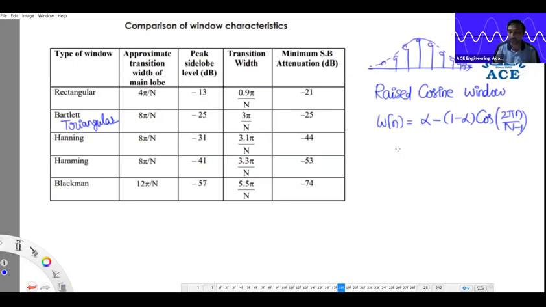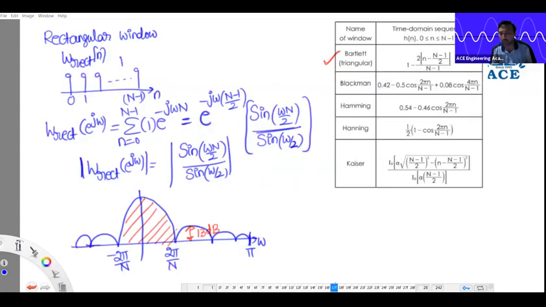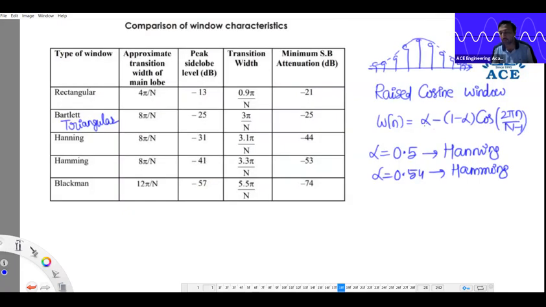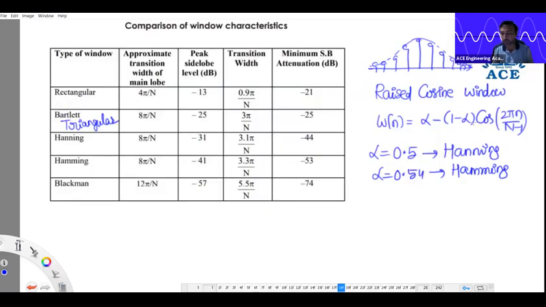In the case of Hanning, alpha is 0.5, sir. But for Hamming, alpha is 0.54. One formula of Hamming is 0.54 minus 0.46. For Hanning both are 0.5. If you substitute alpha 0.5, 0.5, that means Hanning window. But in the case of Hamming, 0.54, 0.46.